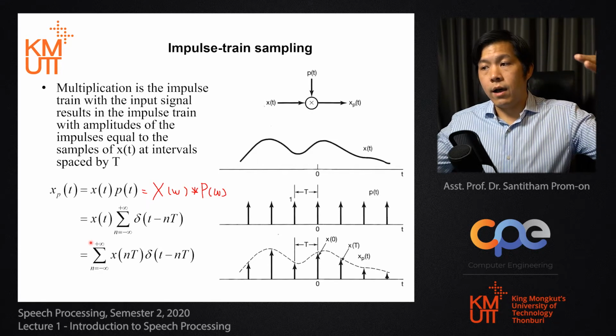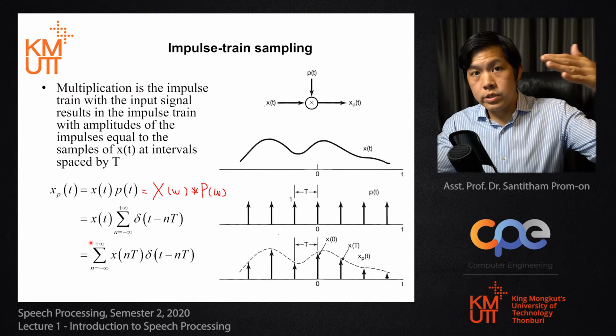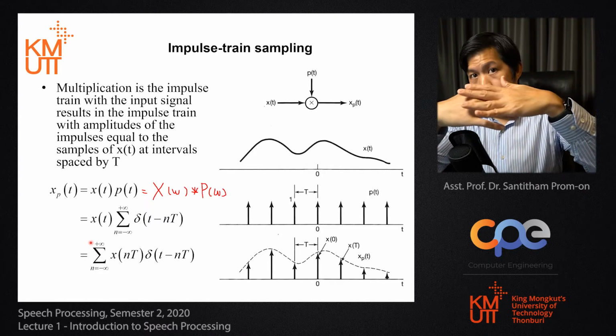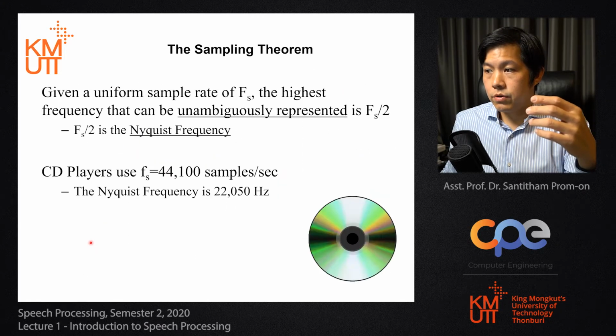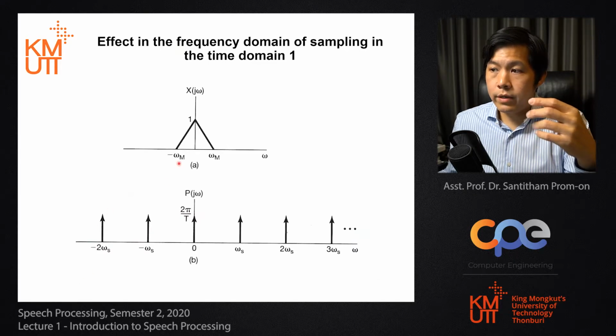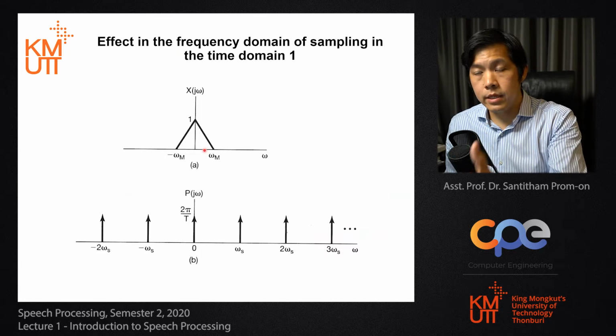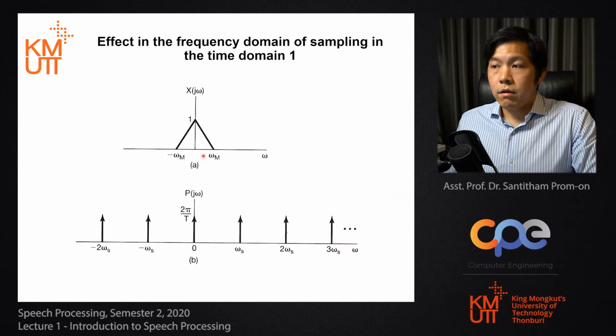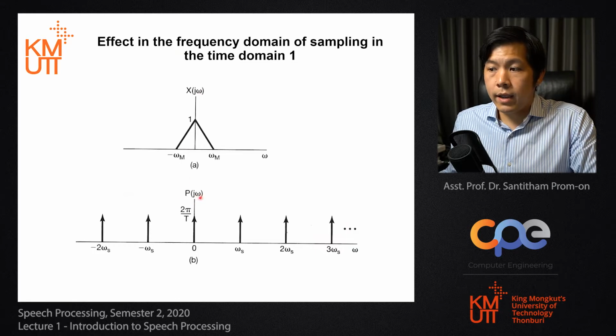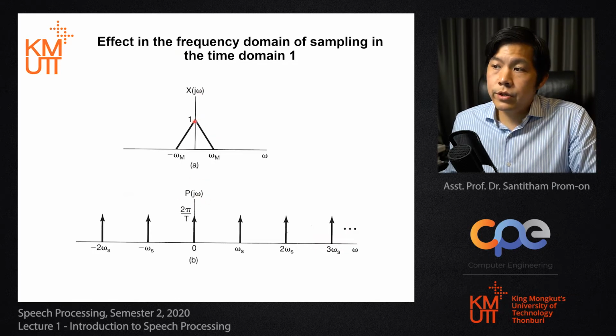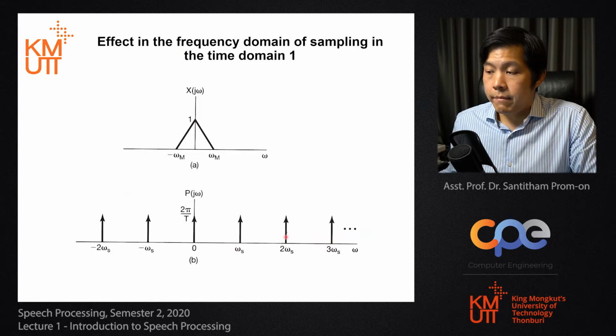Convolution is like you are putting the two signals and then merging them together. So for this one, when you have multiple impulses and one signal model like this one, convolution between X(ω) and P(ω) will result in the shifted version of this triangle to occupy different parts of the frequency, at multiples of ω_s here.